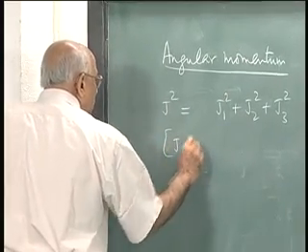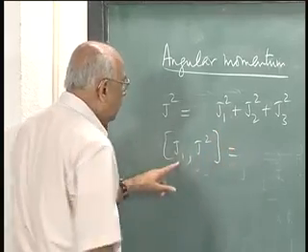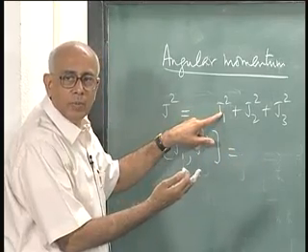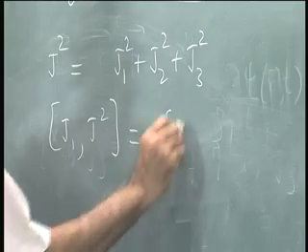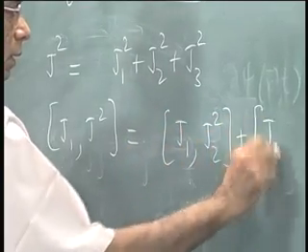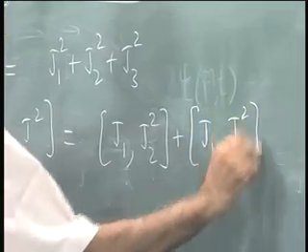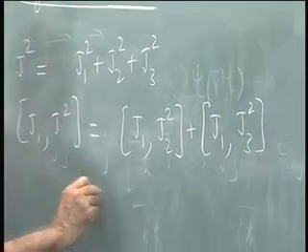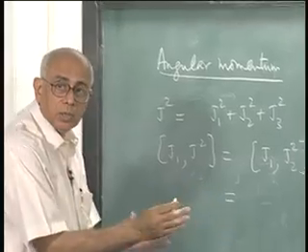Look at J1 with J squared for example. J1 commutes with J1 squared, so there is no problem, and then you are left with J1 with J2 squared plus J1 with J3 squared. And by our rule, we must be careful about the orders of these things.